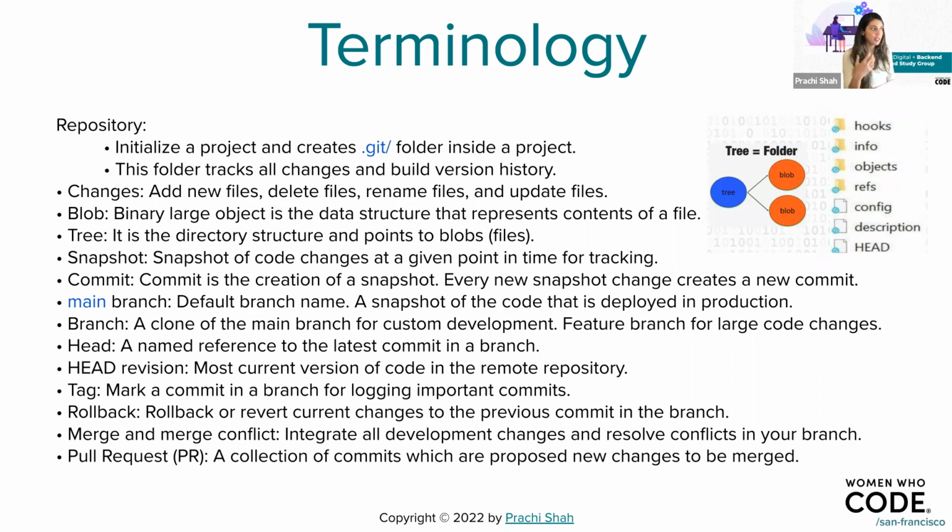Commit is basically the creation of a snapshot, so every new snapshot creates a new commit. You have your code in your local IDE or your local system workspace, and you're making some changes, but nobody else in your team or the other collaborators you're working with knows about the changes you're making locally. So you need to push your code and upload it to Git, and this change between the previous good state of the project and the changes you made counts as a commit.